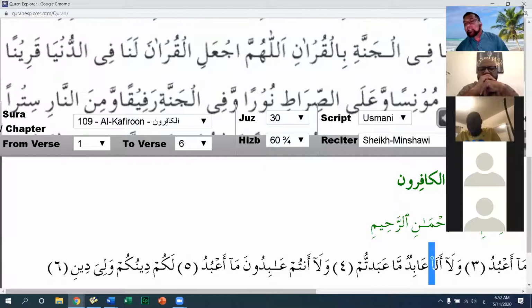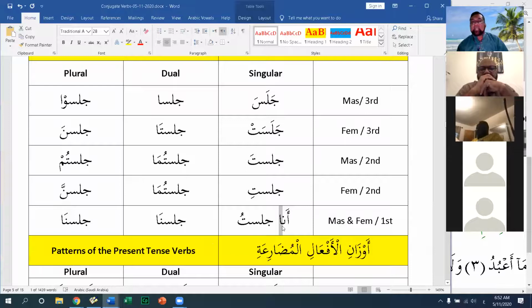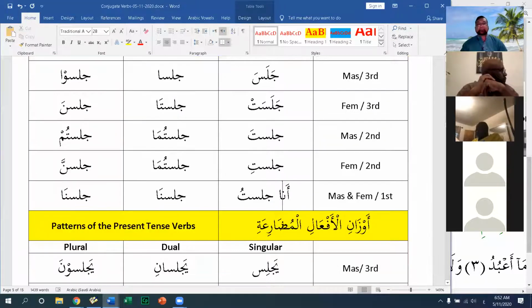That little circle means that you don't pronounce the letter. So the way we read this ayah is wala ana abidum. We don't say ana, so that aleph is not pronounced. Ana jalastu.